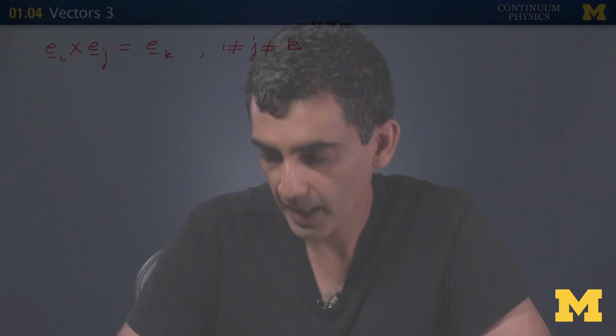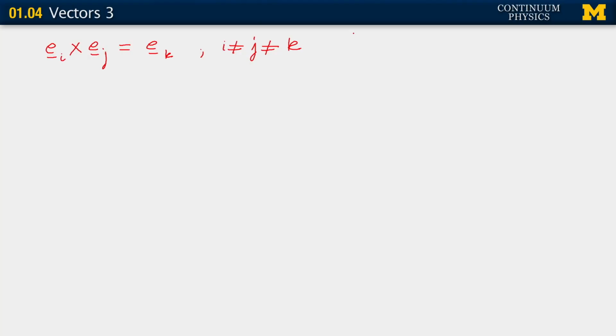So if we take a distinct set of those indices i, j, k, right, and we form these cross products, we get this sort of property, right? And now if we look at what this means in detail, this property, by the way, is what we call right-handedness.